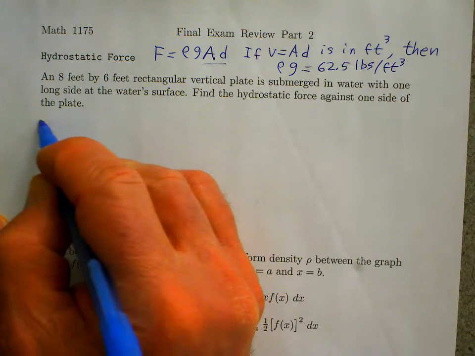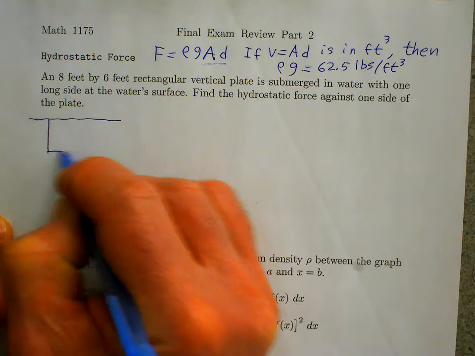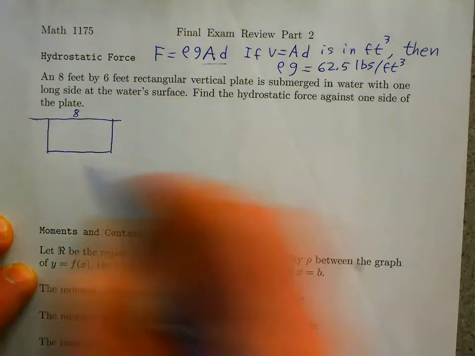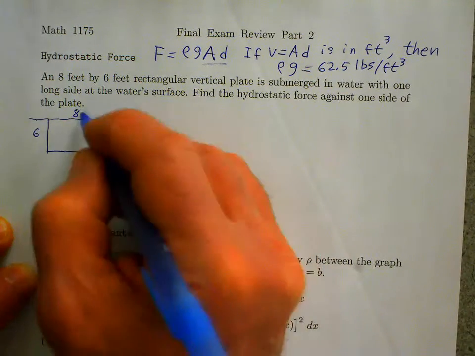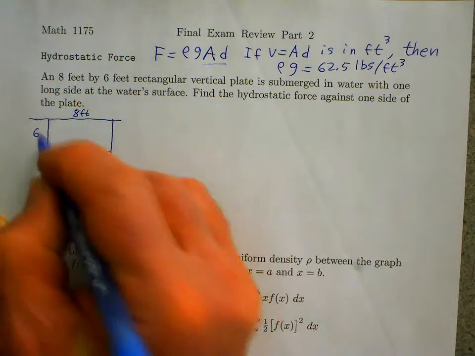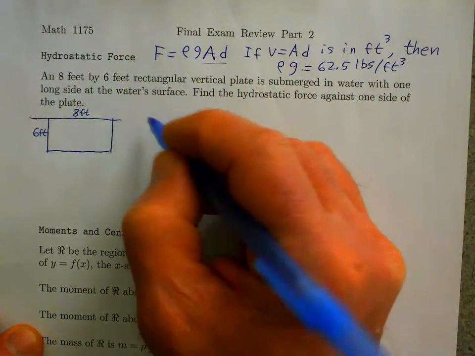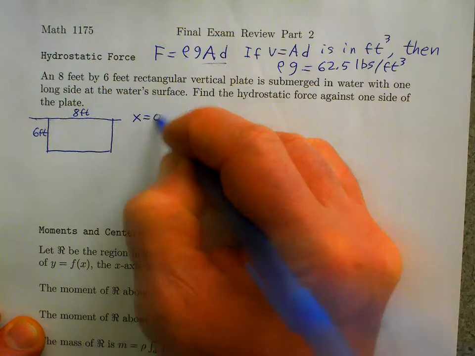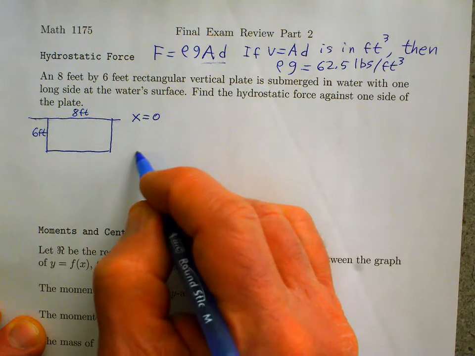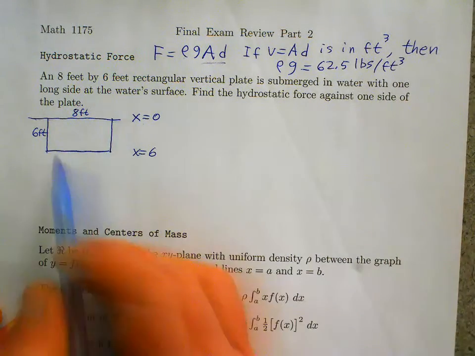Okay, so the surface of the water, and the long side, 8 feet, one of the long sides is at the surface. So if we assign x to be 0 feet below the surface, and then x equals 6 is the bottom depth.